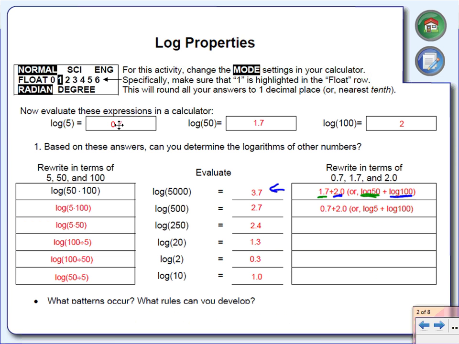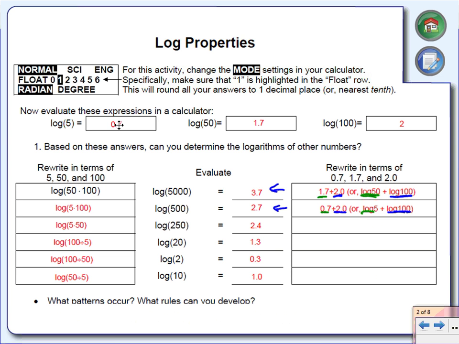I'm making two logs. Okay? Log of 5 plus the log of 100. Watch this. Log of 5, again, we said earlier was 0.7. We said that the log of 100 was 2. And what do you get when you add those two numbers together? You get your 2.7.